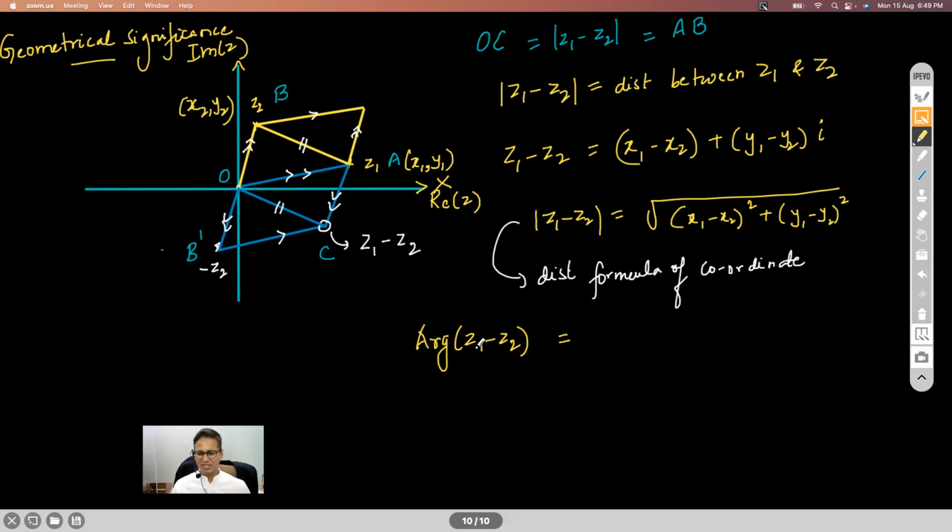You can use your alphabets to signify that angle. I've already named all the points. Okay, so you're trying to say XOC, right? XOC, this angle, isn't it? Correct. So this angle phi represents your argument of Z1 minus Z2.